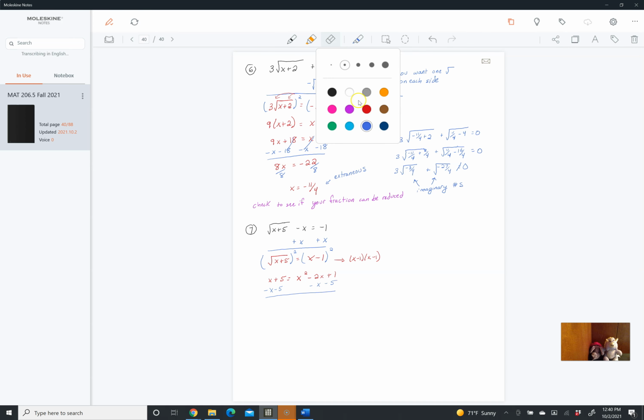I personally prefer my 0 on the right when I'm dealing with a quadratic. This is going to give us x squared minus 3x minus 4 is equal to 0. This is a quadratic. You have to solve the quadratic. Okay?